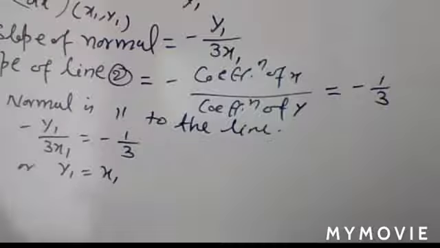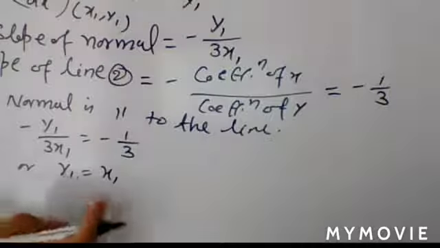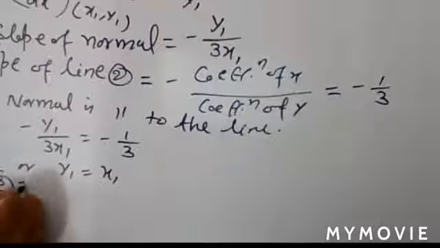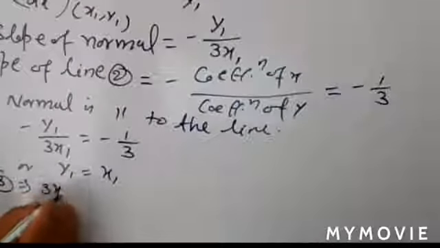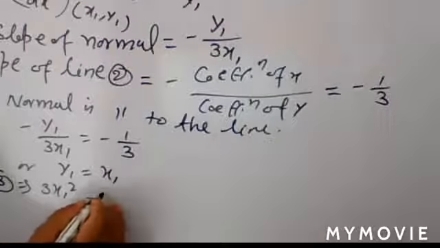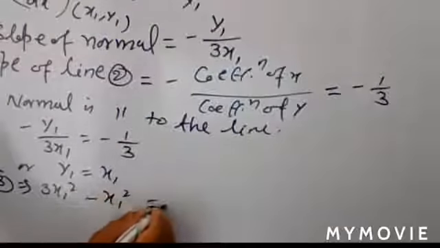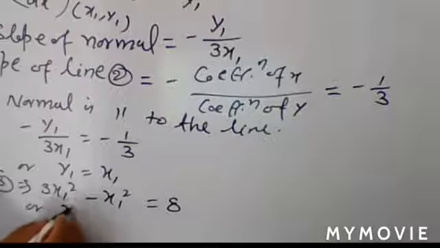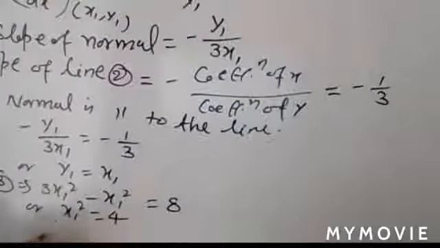How do you proceed? Put that relation in the third equation. So the third equation gives 3x1 square minus x1 square is equal to 8. Solve it, so you have x1 square is equal to 4.